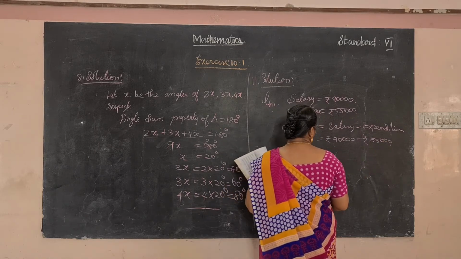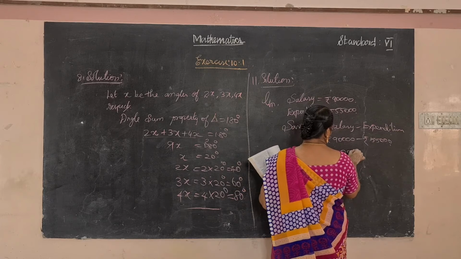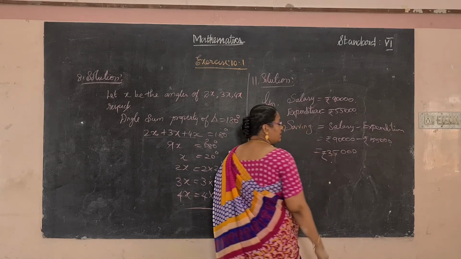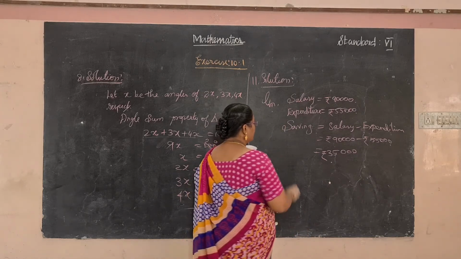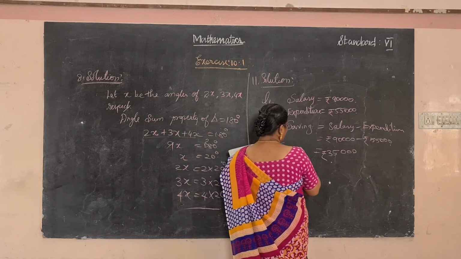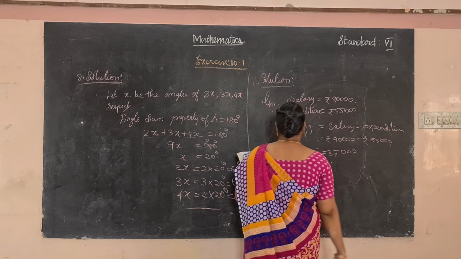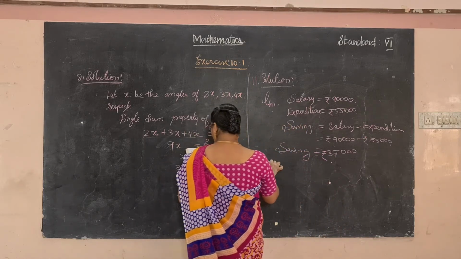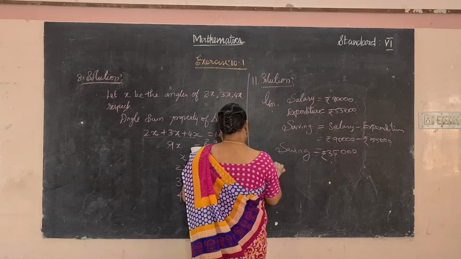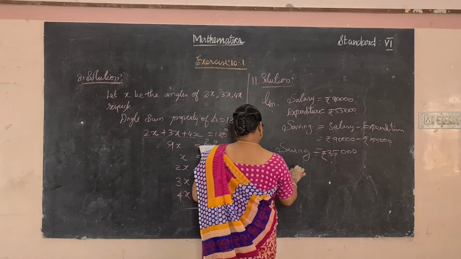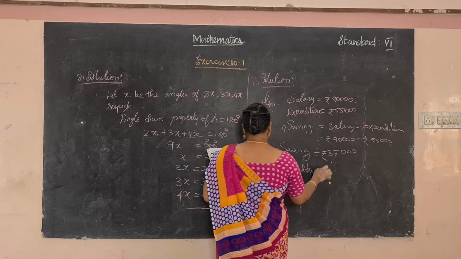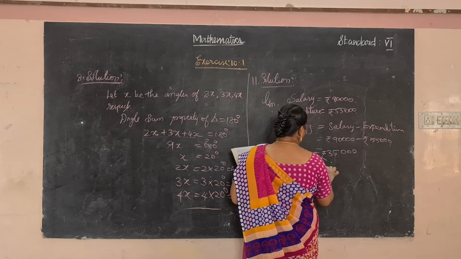Subtracting, we get rupees 35,000. So the saving amount is 35,000. First, his expenditure to his saving.